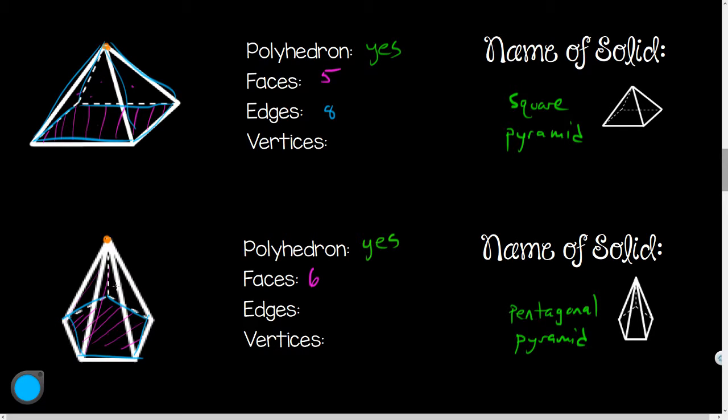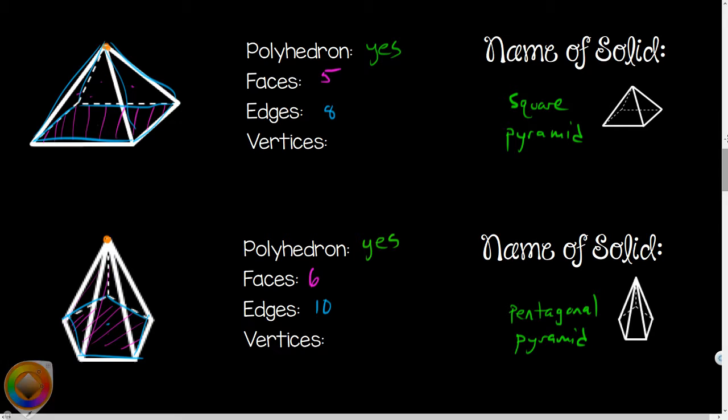By the way, if you ever need to draw this, I typically draw the base first, then draw the vertex up above it, usually above the center of the base. Then I just connect the dots for all of those edges. So 5 edges on the base plus 5 is 10.